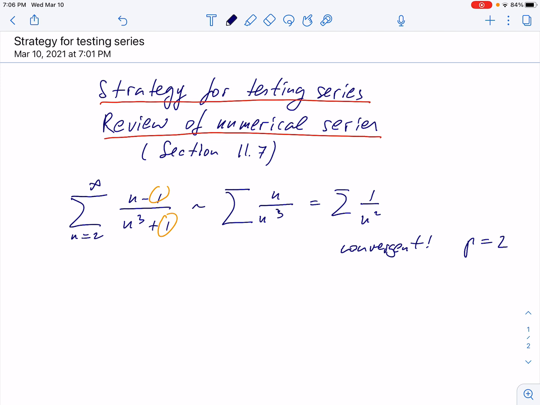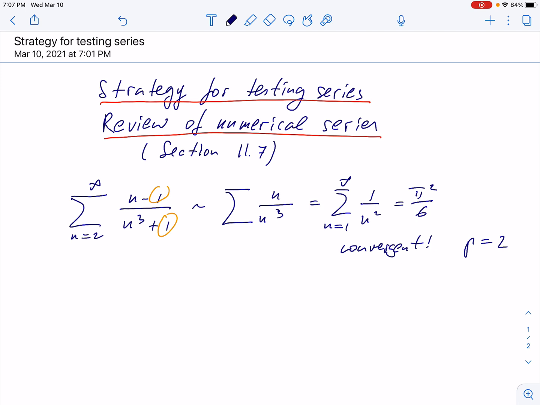In this example, I studied summation from 2, but if we write the summation from 1 to infinity, the value of this series can be computed. It's pi squared over 6. It's an interesting result, which was obtained by Euler centuries ago.